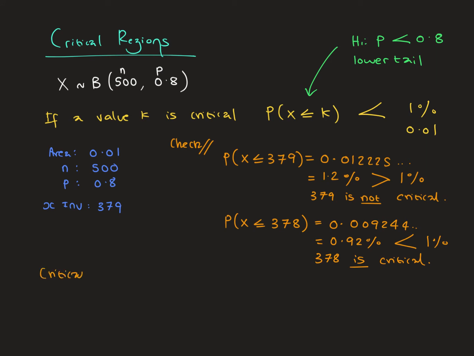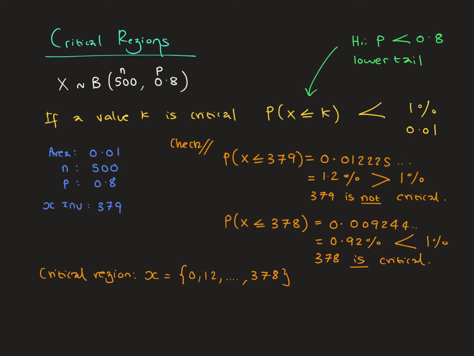So our critical region, or our critical values, are the set of values X, which are basically 0, 1, 2, all the way up to 378. These values are all critical. Now, how would we run our hypothesis test in this situation?